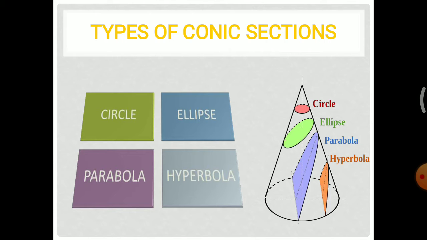Parabola is obtained by cutting one of the generators and the axis, and hyperbola is obtained by cutting only one part of the generator. So these are obtained by different angles in the conic sections.